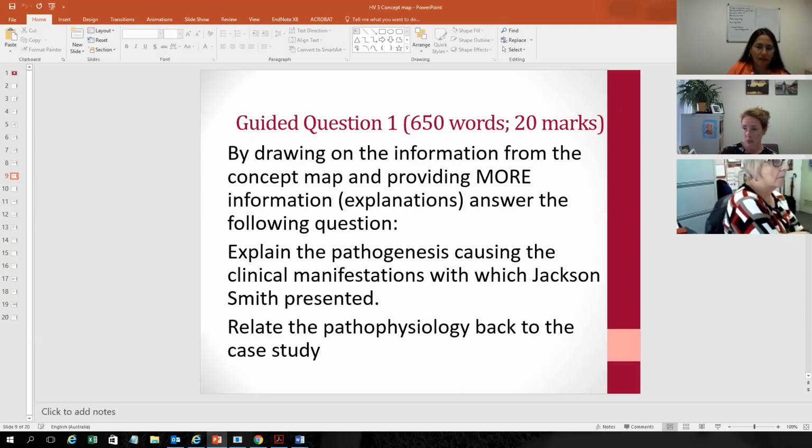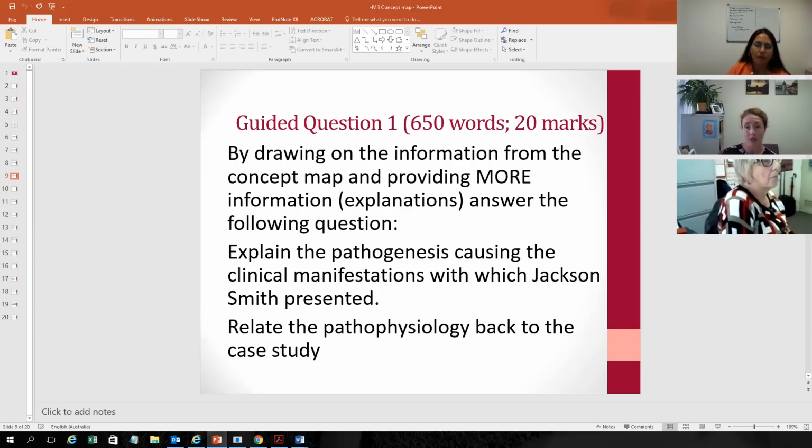So what else have I said here? Hyperinflation is related to increased expiratory resistance, which equals, and then you can talk about reduced expiratory time, and then CO2 in the blood gas, how is that affected?